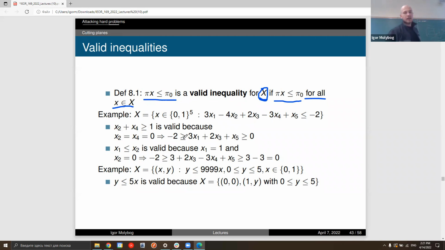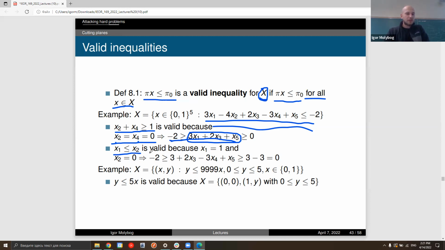The examples are, for example, let's say that we have a 5-dimensional space, and it's defined by a single inequality. An inequality x2 plus x4 greater than or equal to 1 is valid because x2 plus x4 equal to 0 is impossible. It follows from the fact that this inequality holds because the right hand side is greater than or equal to 0, and the left hand side is less than 0.